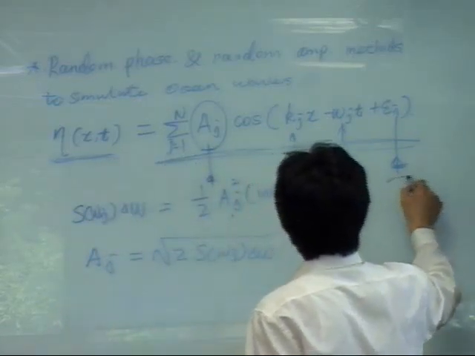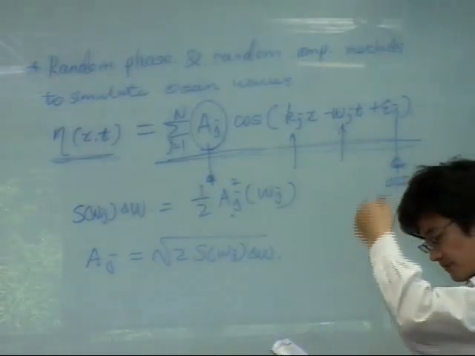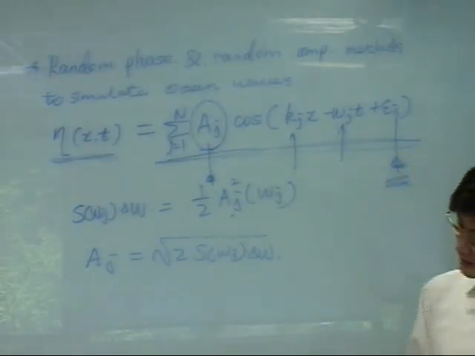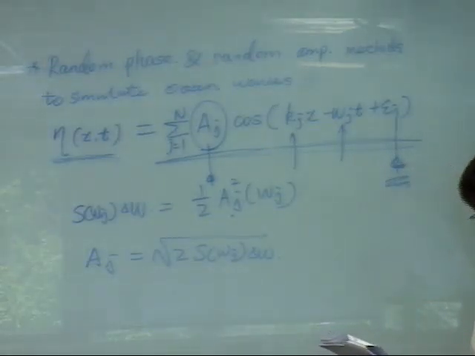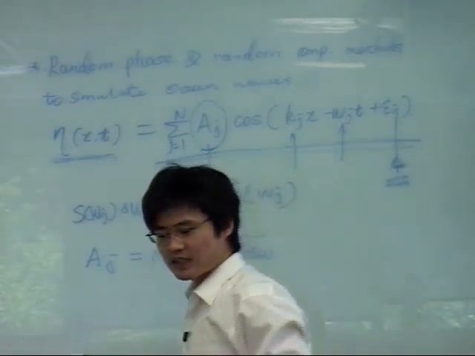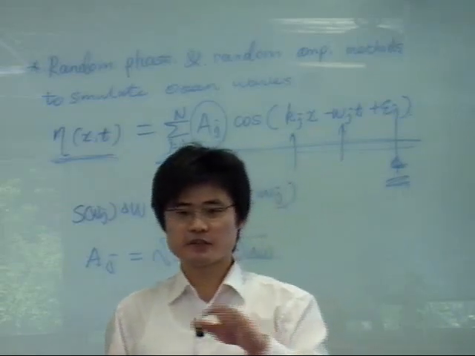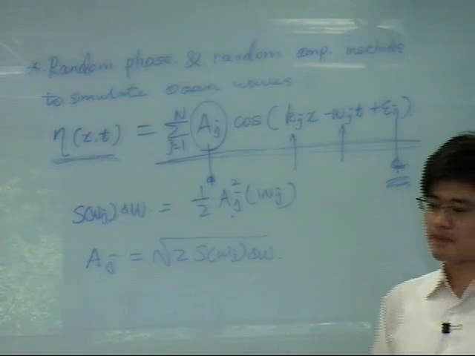So the only unknown left here is the phase. How do we get the phase? We don't know how. But we know the ocean waves are a random process and follow a normal distribution.